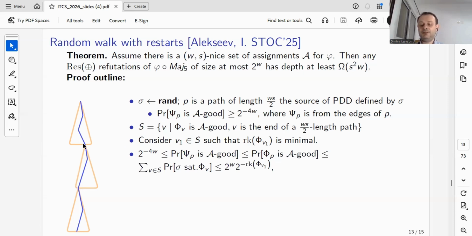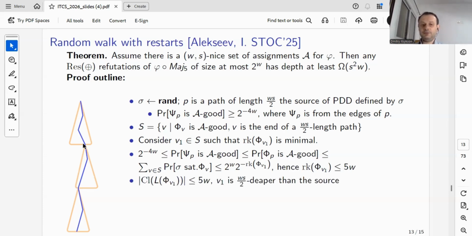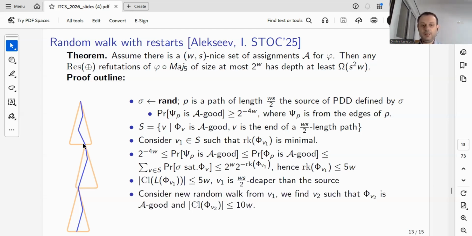Thus, the sum is estimated as 2 to the W, as the dag contains at most this number of nodes, times 2 to the minus rank of phi V1. Hence, the rank of phi V1 is at most 5W, and thus the size of the closure of phi V1 is also at most 5W. And V1 is deeper than the source at distance WS over 2.